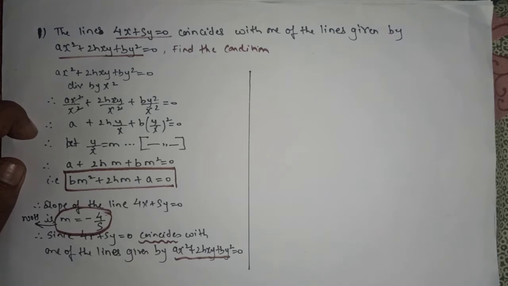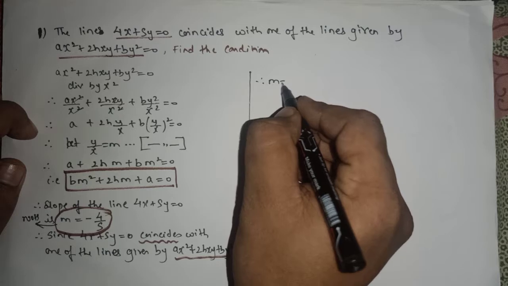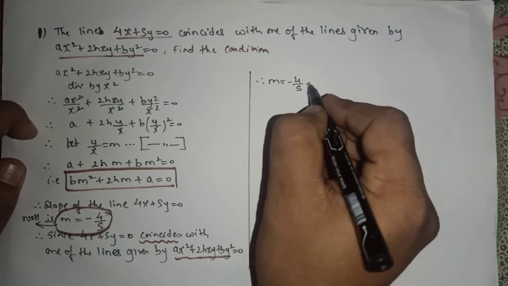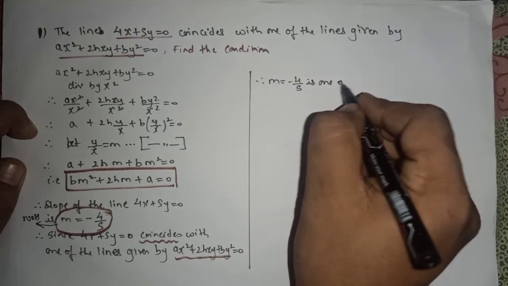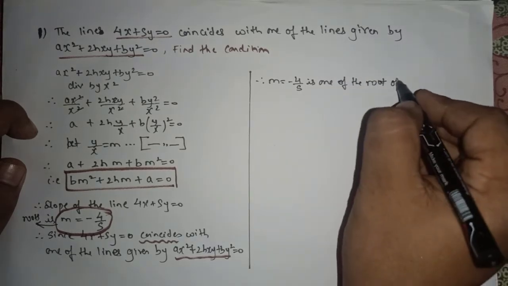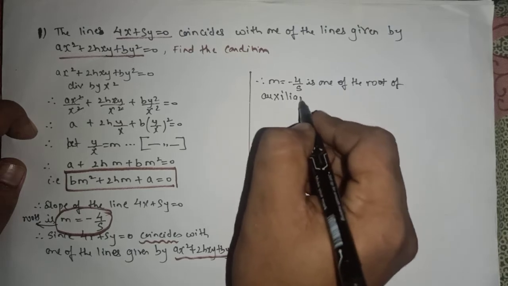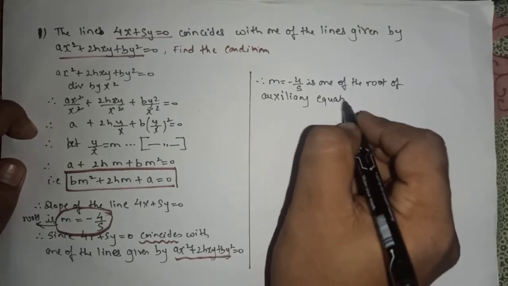Yes or no? So here in the next step I will write m equals minus 4 upon 5 is actually one of the roots of the auxiliary equation. Yes or no?